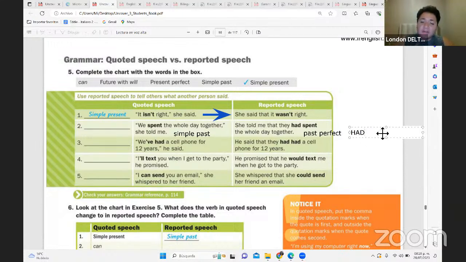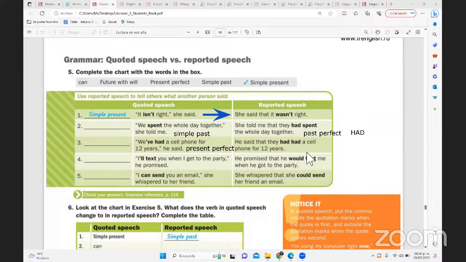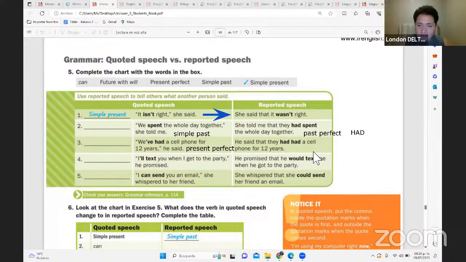Present perfect, in this case, uses the auxiliary verb have or has. Okay, so this is present perfect. So present perfect changes to past perfect too. Yes. Good. So both the simple past and the present perfect change to past perfect.